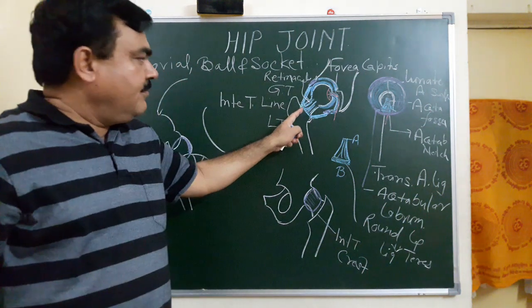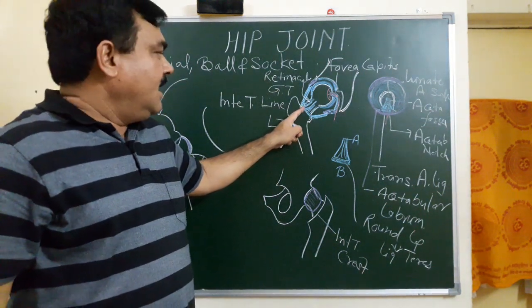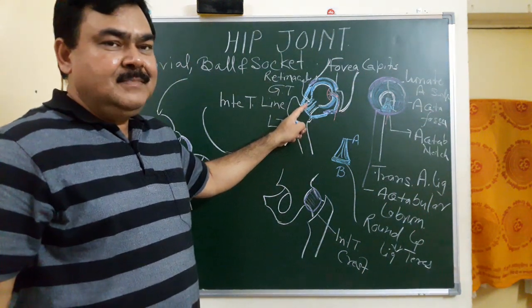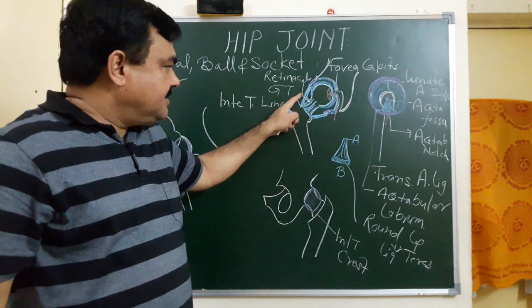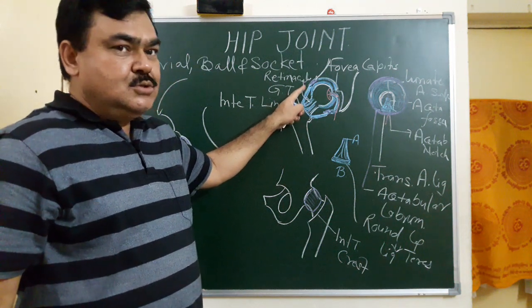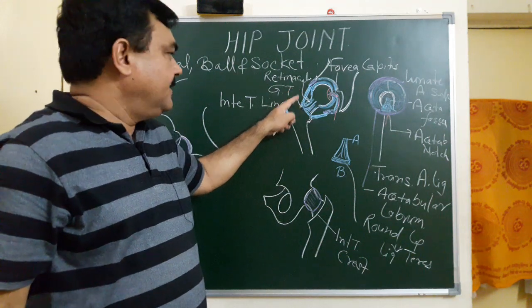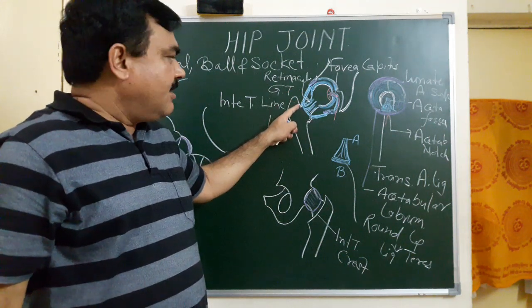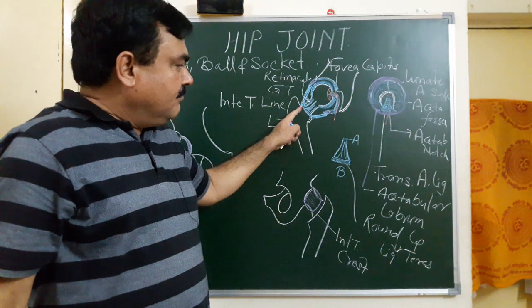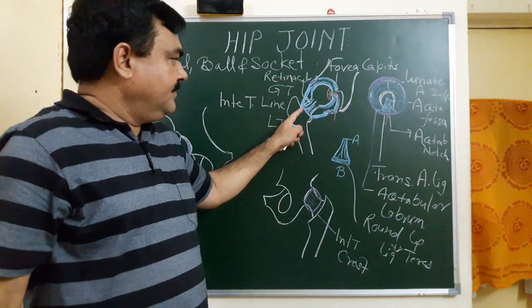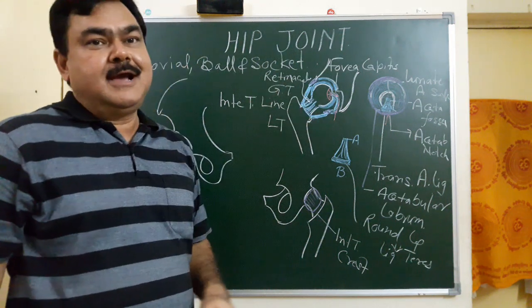This retinaculum, which is reflected on the neck of the femur, is an extension of the superficial fibers which are longitudinally arranged, reflecting from the lateral attachment to the neck.